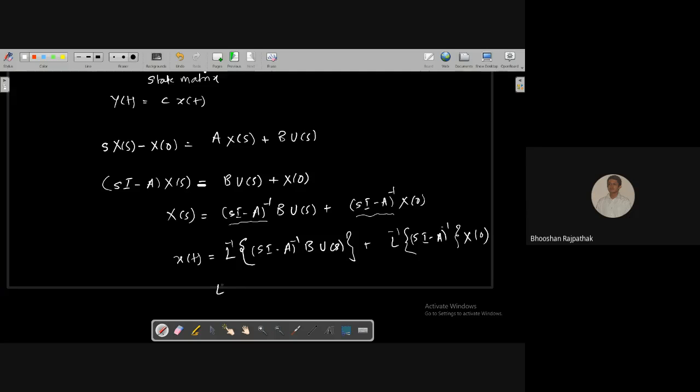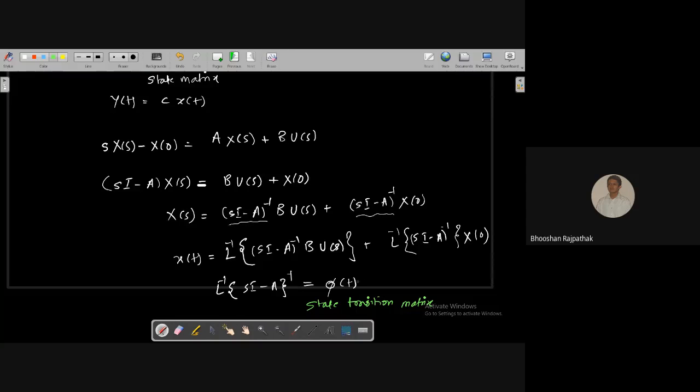The Laplace inverse of (sI minus A) inverse is called phi of t, the state transition matrix. This is extremely important.